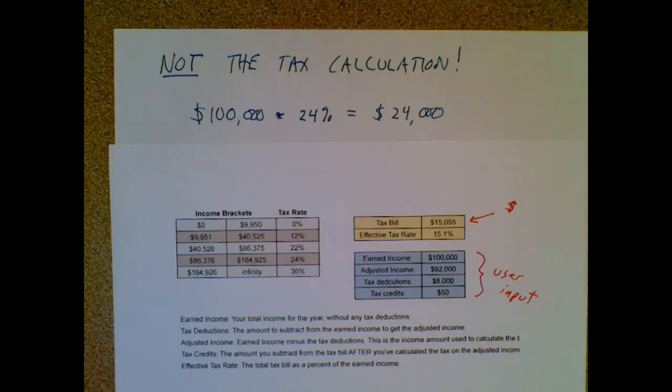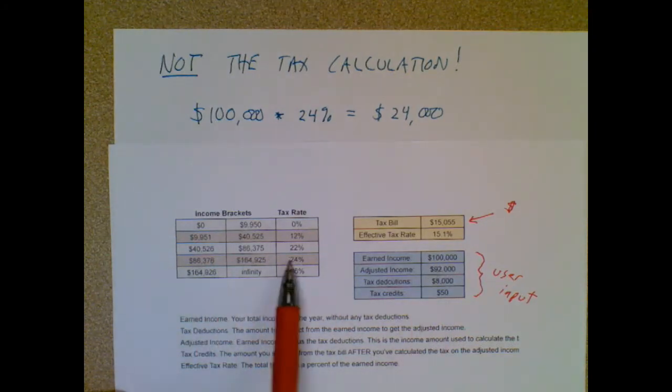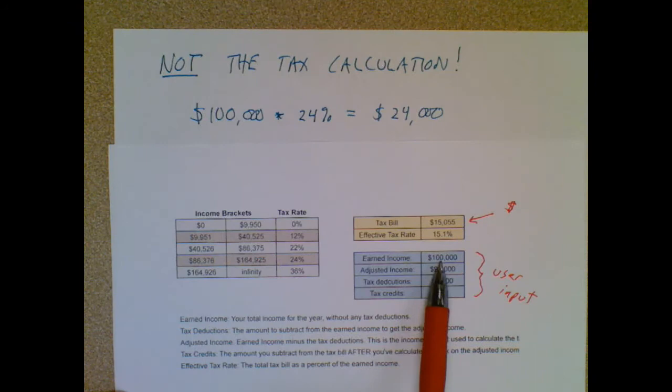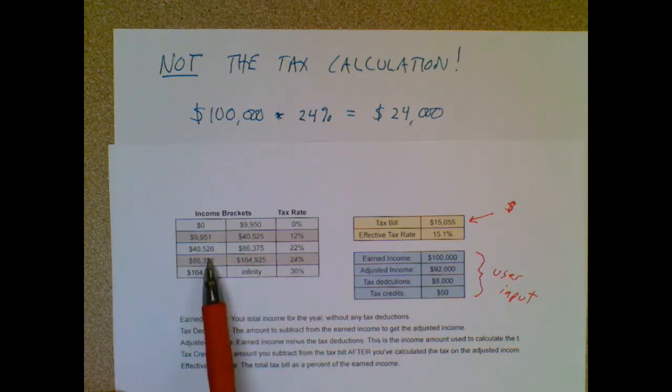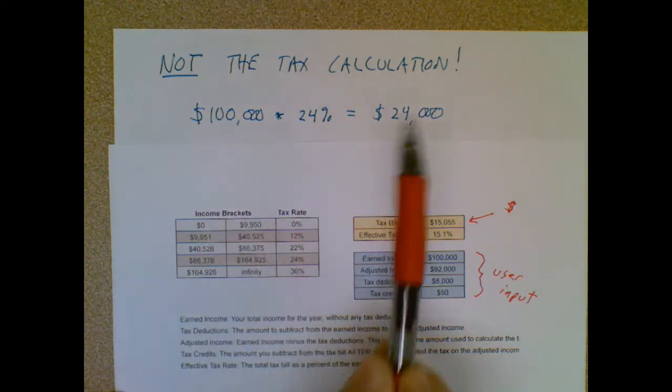Let's begin with what the tax calculation is not. People think that if you made $100,000, that would put you into the 24% tax bracket, which is true, but then they think, well, that's easy. You just take your $100,000, multiply it by 24%, and you get a $24,000 tax bill.